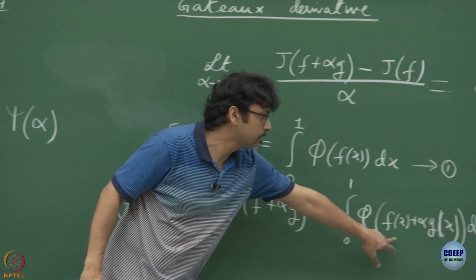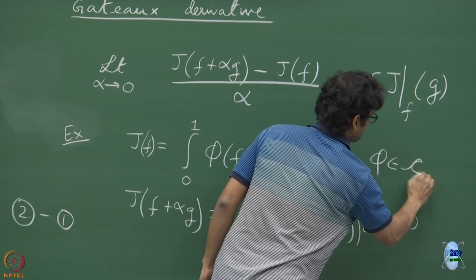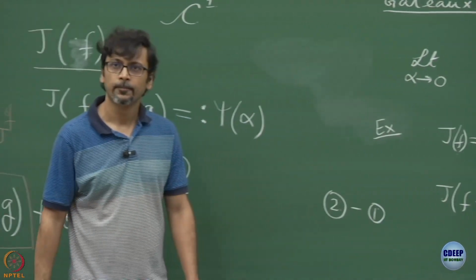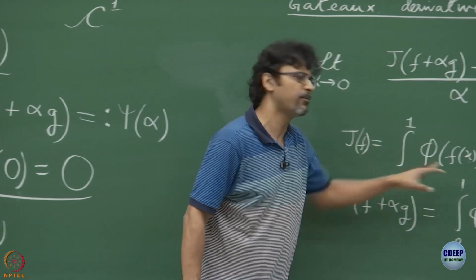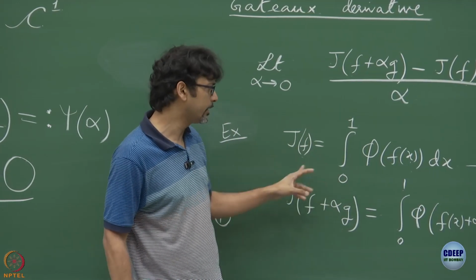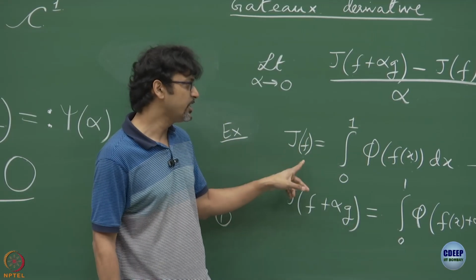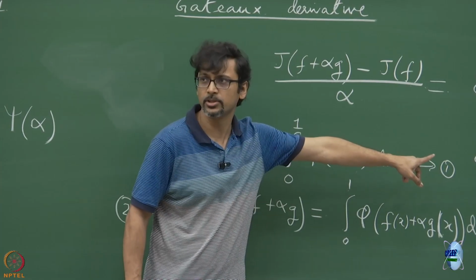I can expand this. Suppose phi is also continuously differentiable. Yes? So you're all agreed on the fact that this is a functional, right? Once you carry out this integration, it's going to lead to a scalar. So this ingests some functions and spits out some scalars. So it is a functional.